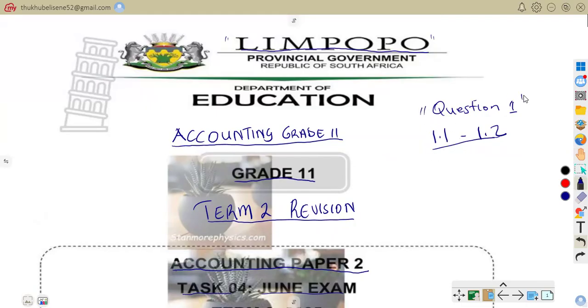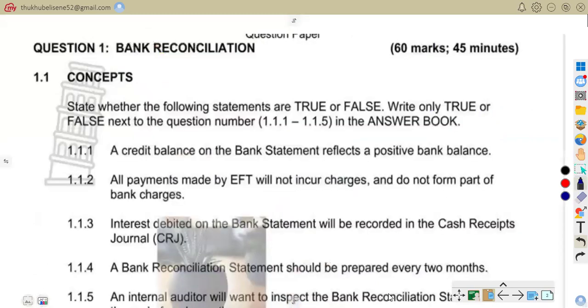So without wasting much time, let's quickly go to the question. Here we are on question one, whereby we are going to do bank reconciliation. 1.1 is all about concepts.